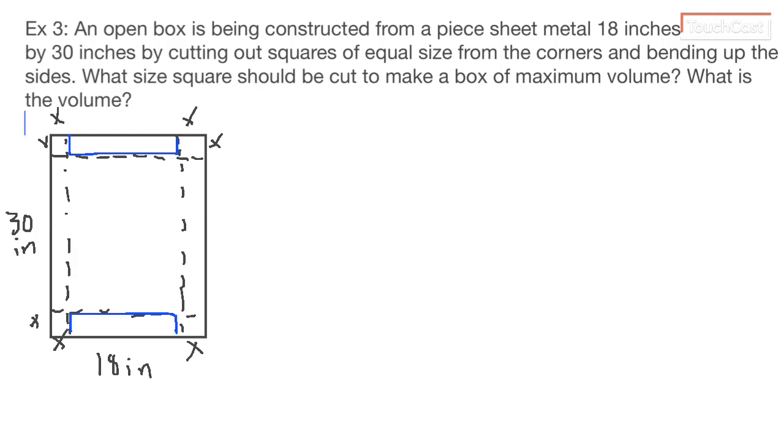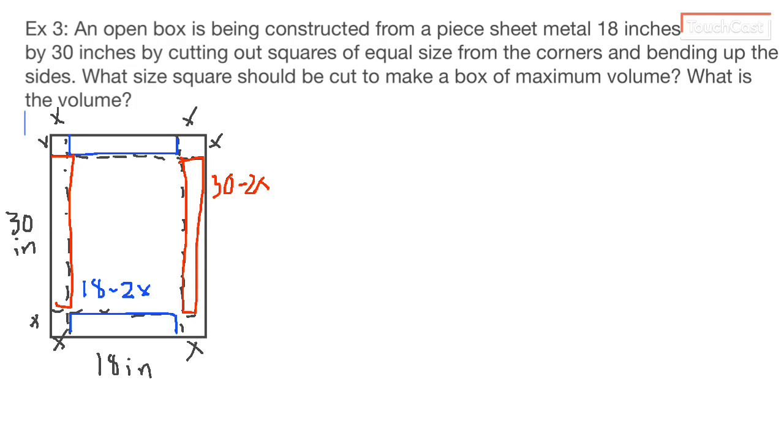So I'm going to write that right next to it, 18 minus 2x. And then in red, this other part, that's 30 inches minus 2x. So in red, we can look at that as 30 minus 2x.